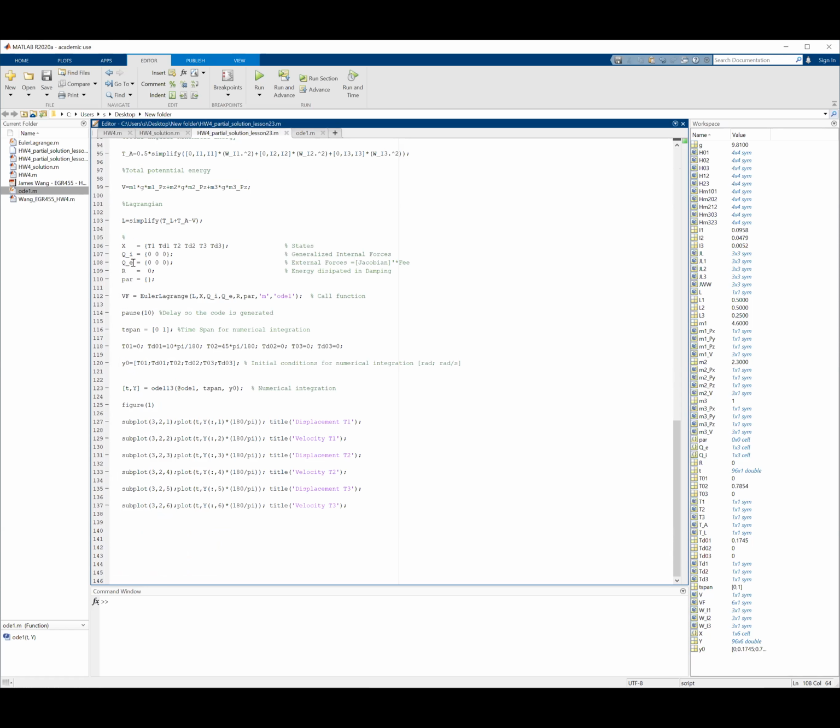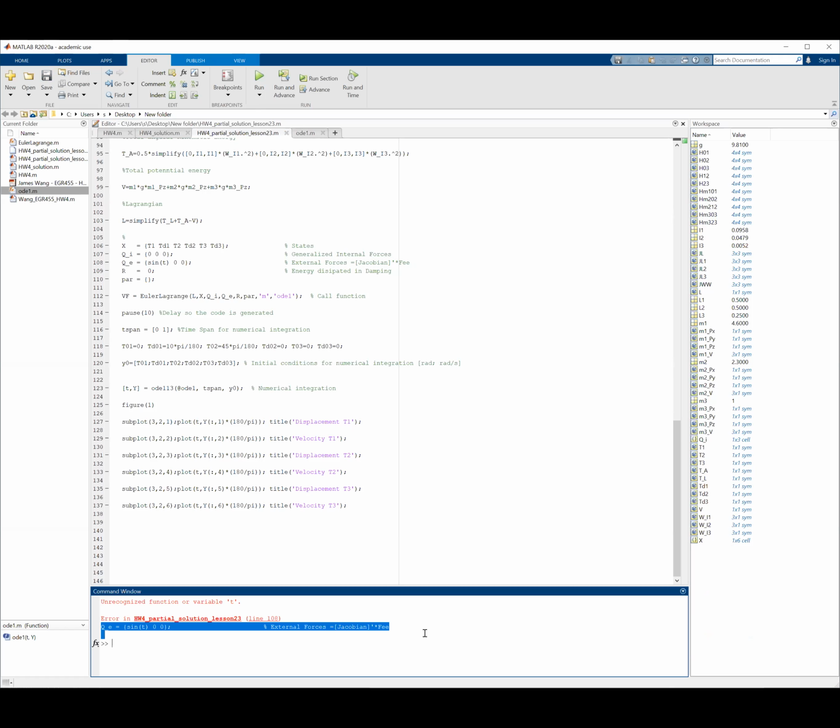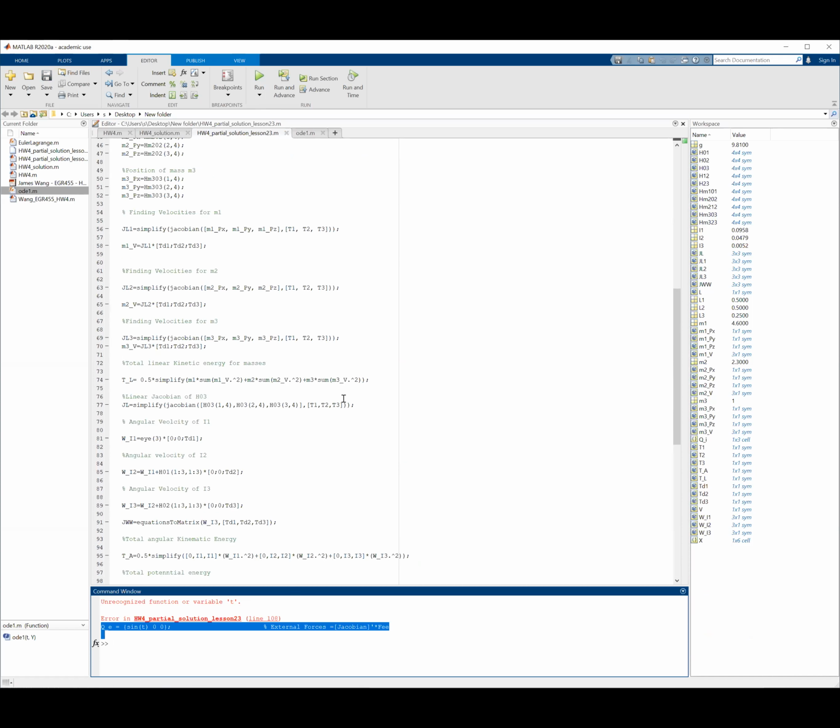Let's take an example and you will see what I mean. If I say sine t, I have a motor torque that is changing in a sinusoidal fashion. Now, if I run this code, it gives me an error. You may say there is a problem because it doesn't find the variable t.